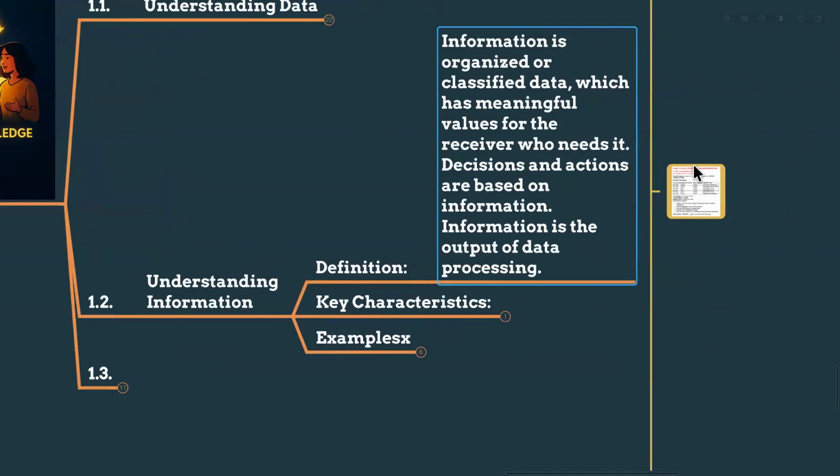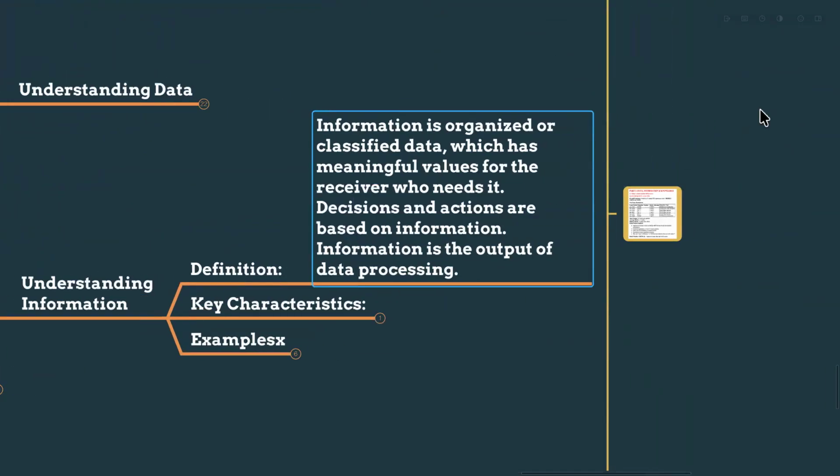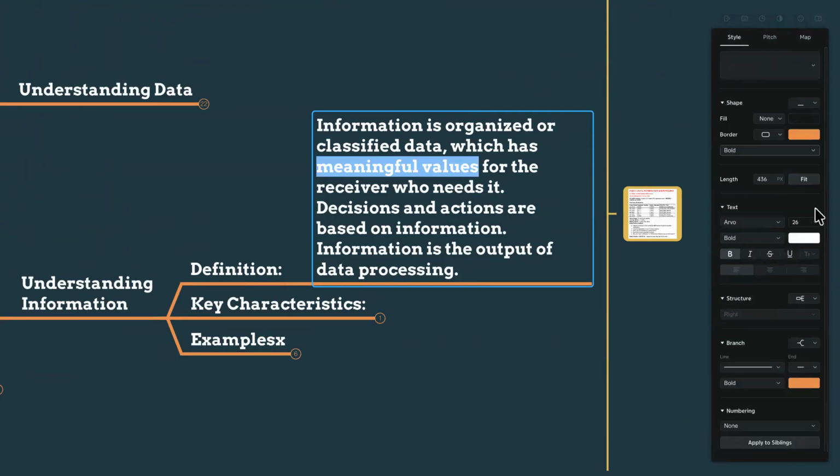So the definition is here: information is organized or classified data which has meaningful value. The data doesn't have a meaning, but information has meaning for the receiver who needs it.